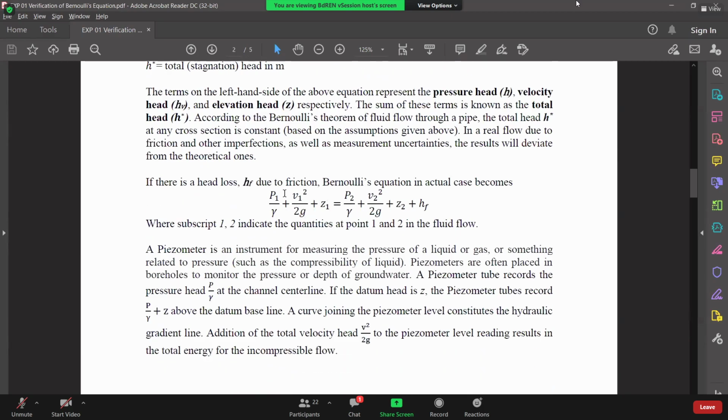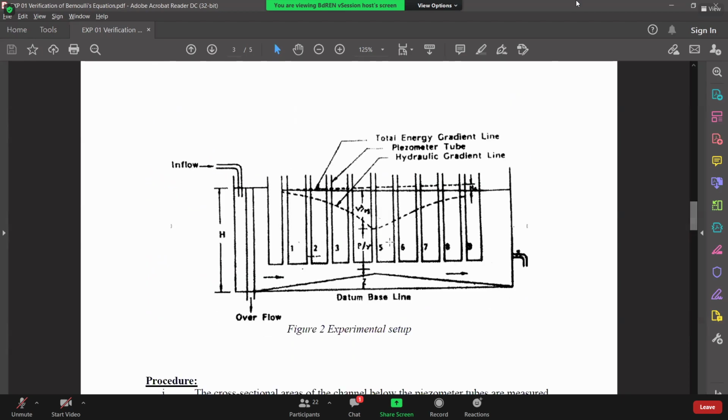These are the ways of writing Bernoulli's equation. Total energy at one point is equal to total energy at another point, plus some head loss. Head loss is because of the reasons that I have discussed: the unsteady term, compressibility, viscous force, and lots of frictions. And then the experimental setup.